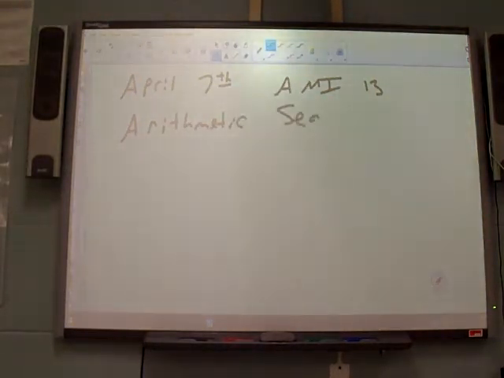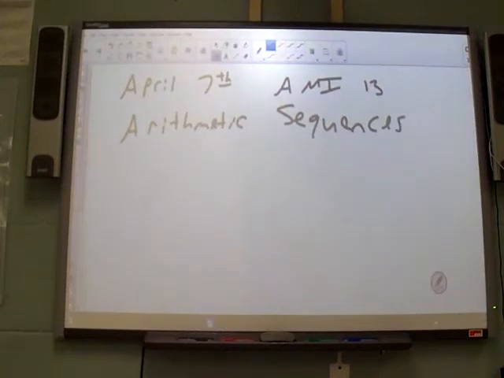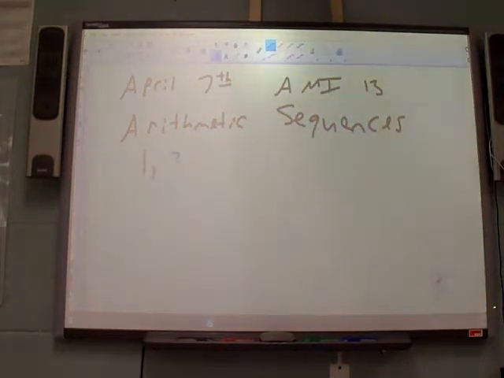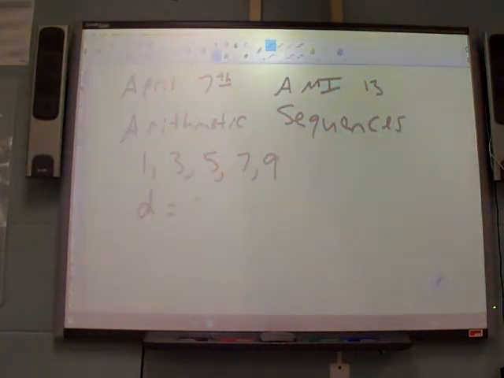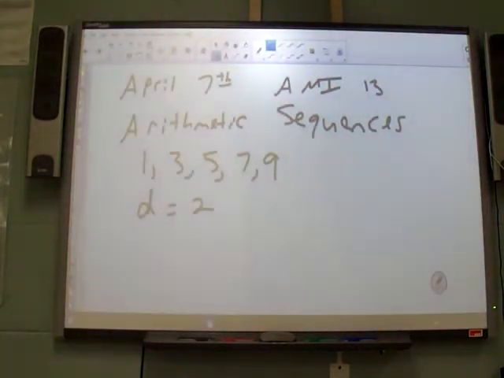So we're going to be talking specifically about arithmetic sequences. What makes an arithmetic sequence, what gives it that name, what sets it apart, is that it has a constant difference from one term to the next. If I went back to one of the sequences we looked at yesterday, I would say this has a common difference of 2.